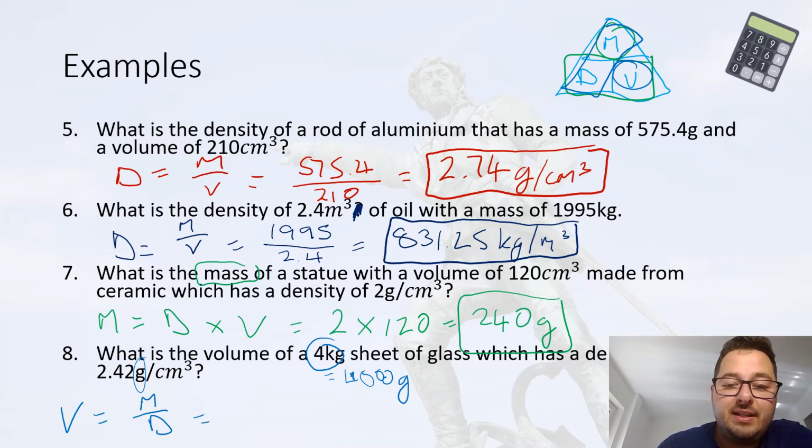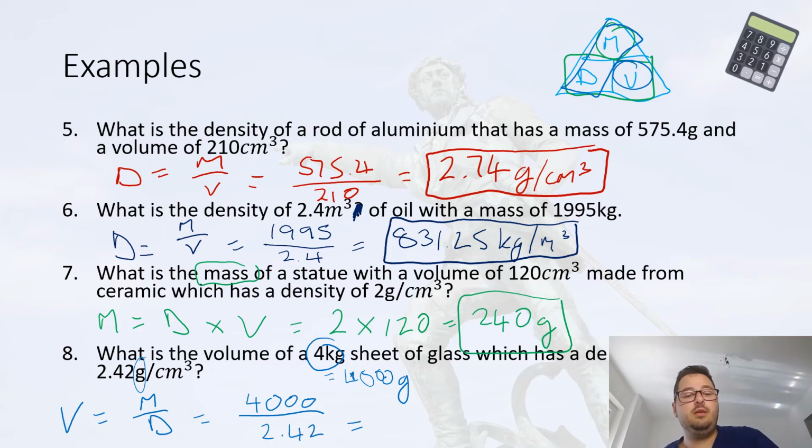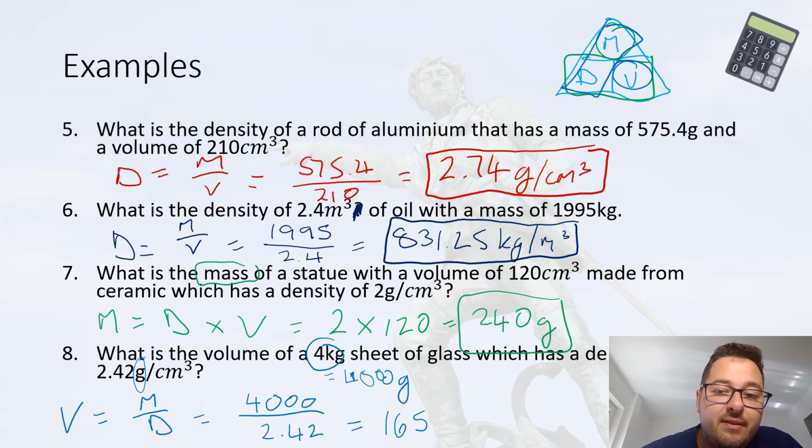So the mass is 4,000 and the density is 2.42. We stick that in our calculator, so 4,000 divided by 2.42, and we end up with 1652.89. We'll leave that as 2 decimal places, and it's centimetres cubed.